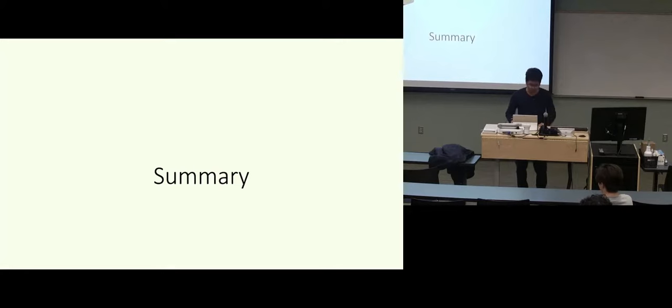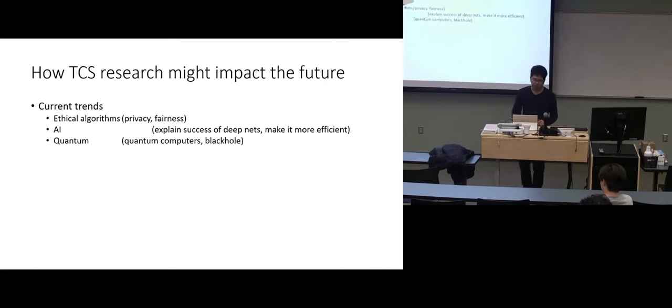Let me summarize really soon, in 4 minutes or so. I think algorithm design, or in general theoretical computer science, can really have a big impact in the future. There are some trendy topics like ethical algorithms.